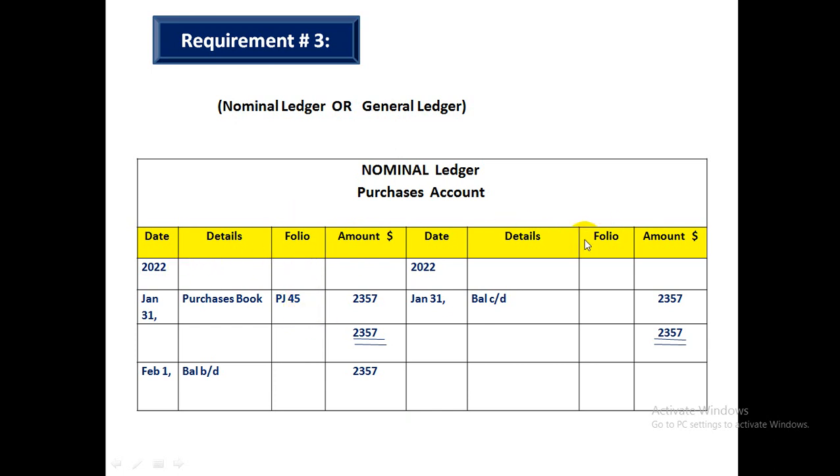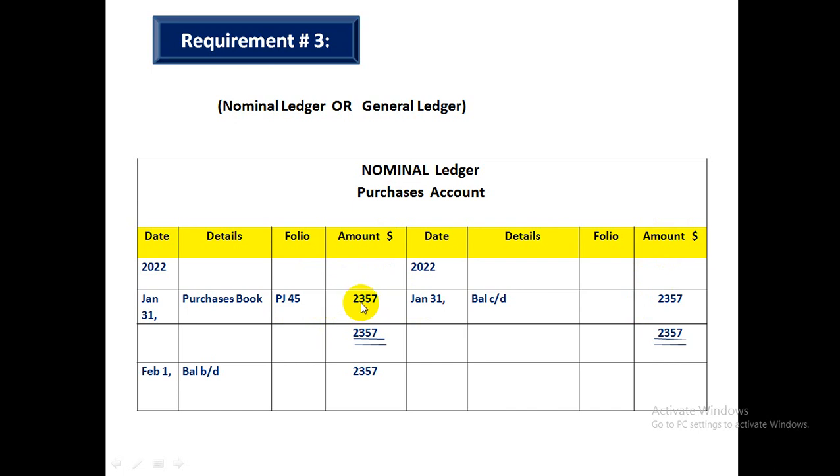Debit side, credit side. Whenever purchases are made, they are recorded in the debit side. So we are posting this information from the purchases book that $2,357 purchases were made by us. On January 31, the amount will come in the purchases account. Nothing will come in credit.